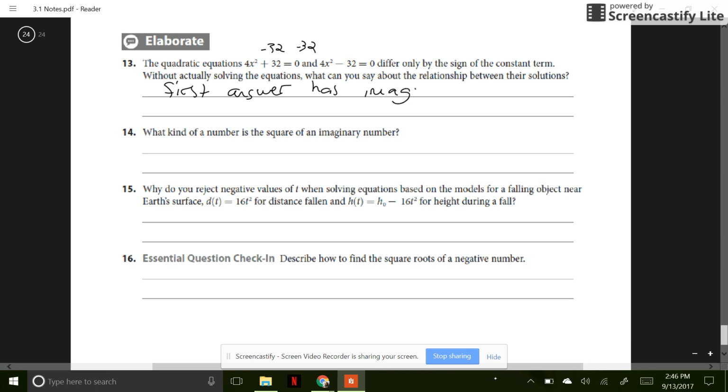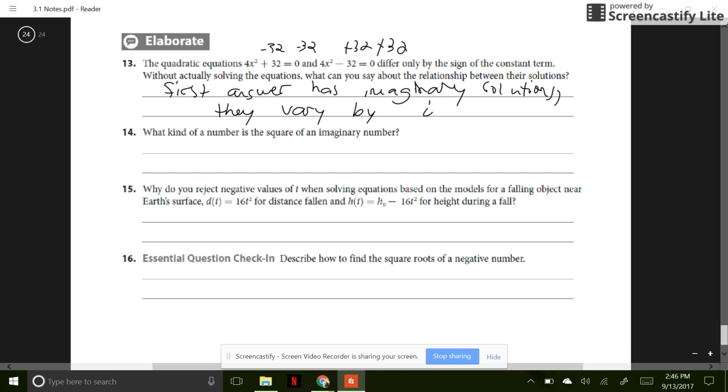And then the second one will have real solutions. And they'll both then just vary by i, since the number is the same, just one is negative, one is positive.